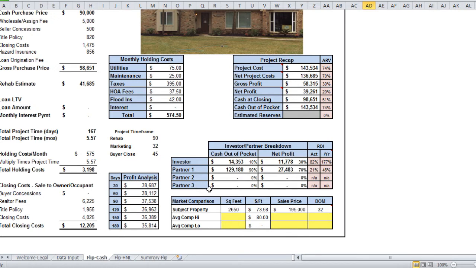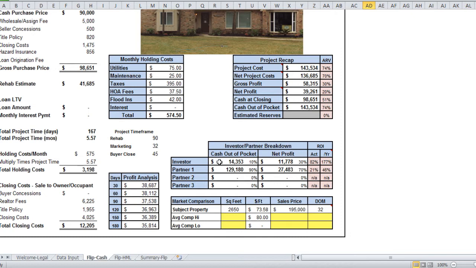And out of that total $143,534, we've agreed that we'll bring 10% of that amount. So therefore, we're going to need to have $14,353 to do this deal. And our partner is going to bring 90% of the cash, or $129,180. So this is how it's going to break down as far as who's going to bring what money to the table.